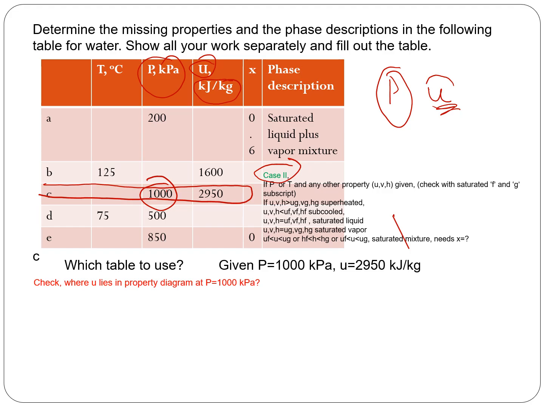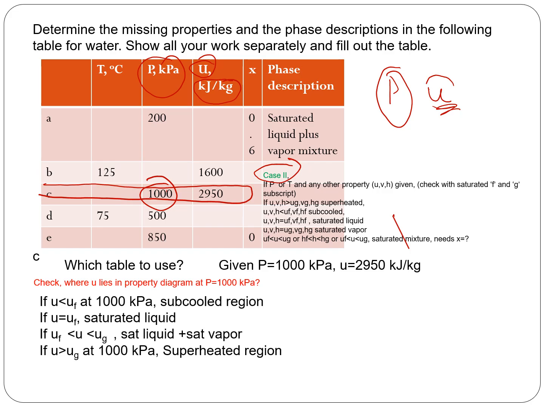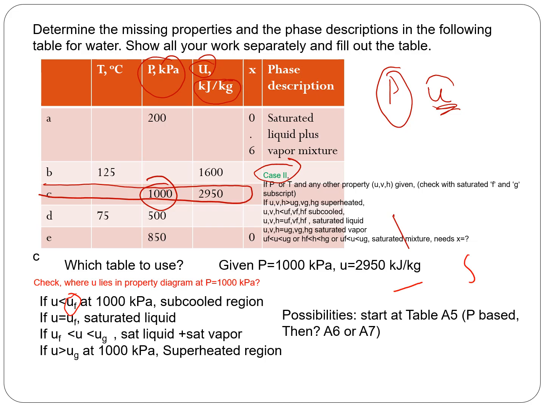So, at this pressure, something is going wrong here. Let me check. Okay. If you look at the pressure table, find the values of subscript f and g, compare with whatever value you have, and figure out where it lies.